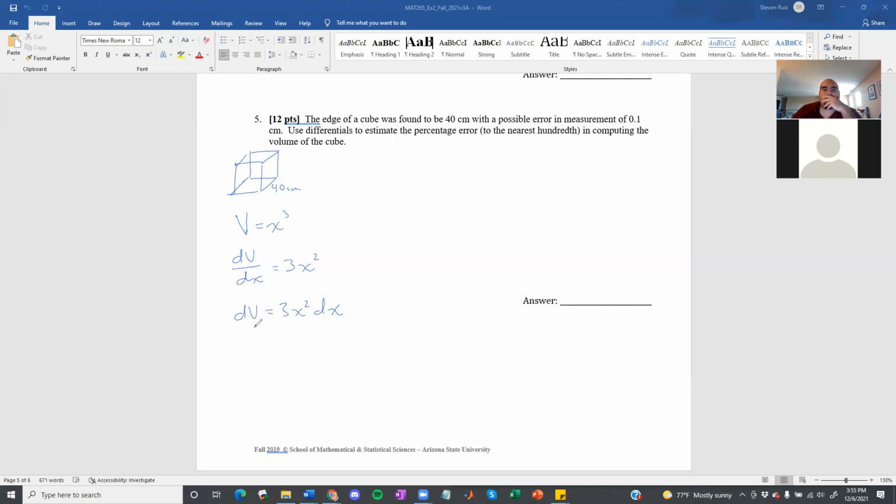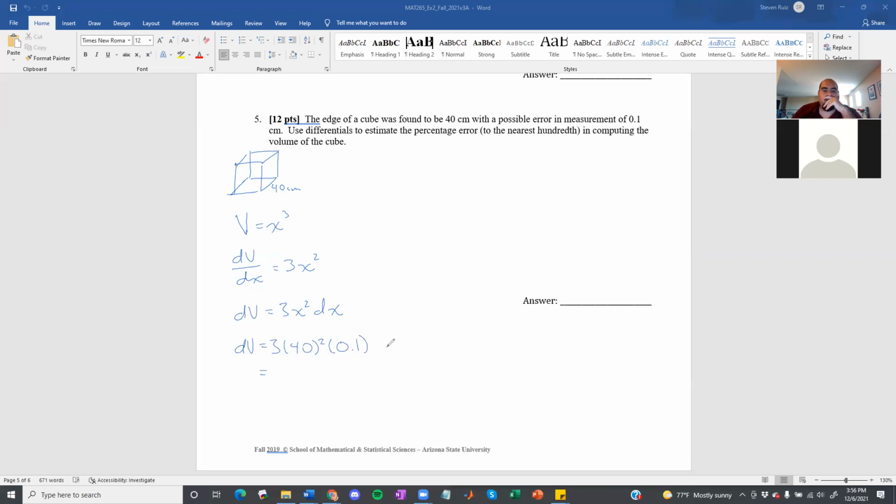So then can't you plug in everything? So then you have 3 times 40 squared times 0.1. And then I first solved for that, but you then have to solve for what is the expected percent error or possible error.